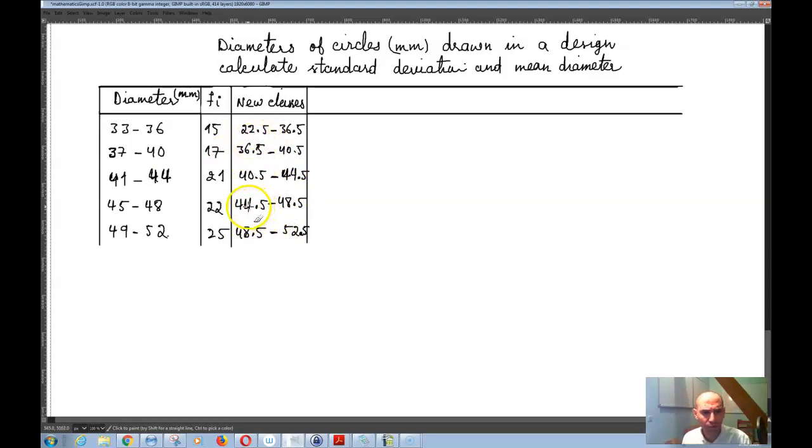Oh, that's 32.5, I'm sorry, not 22.5 but 32.5. So the classes are 32.5 to 36.5, 36.5 to 40.5, 40.5 to 44.5, 44.5 to 48.5, and 48.5 to 52.5.